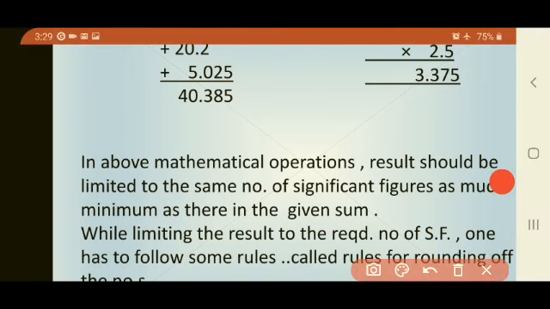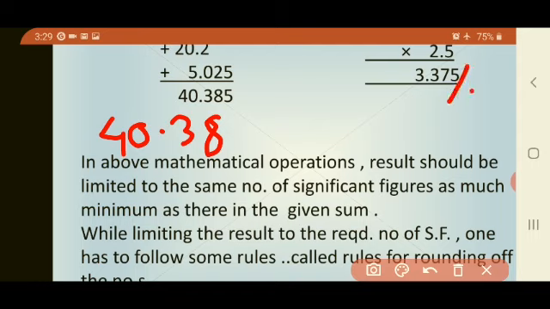If we want to remove this 5, the previous digit is 8, so it is even, no need to change, hence the final answer is 40.38. In the second case, the rightmost digit is also 5, but the previous one is odd, hence we have to add 1. So the final answer is 3.38.